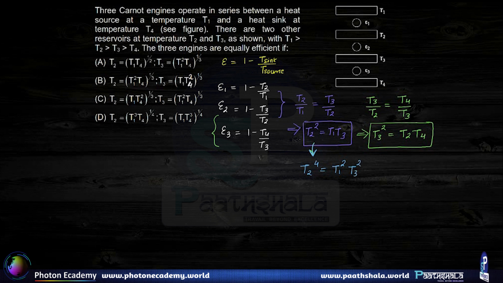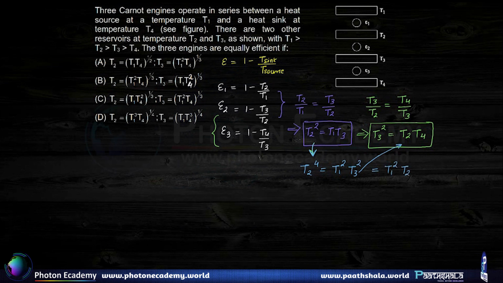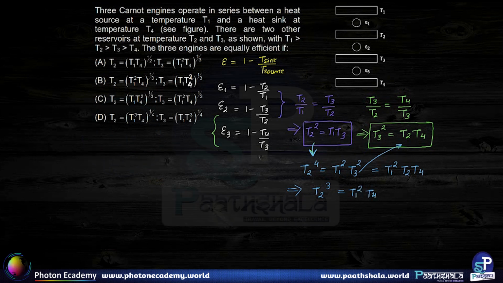So now in place of T3 square I can write T2 T4. So here I'll get T1 square T2 T4. Alright, so this implies T2 cube is going to be equal to T1 square T4 essentially. Therefore T2 is going to be equal to (T1 square T4) raised to 1 by 3.